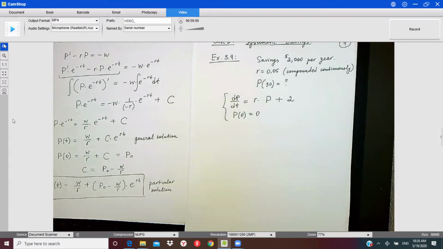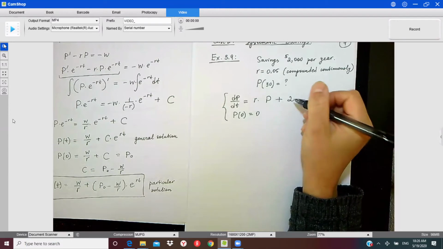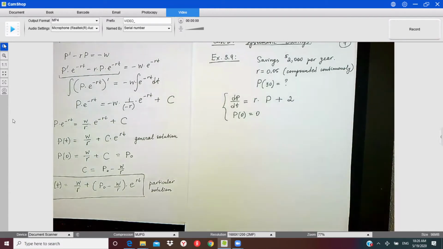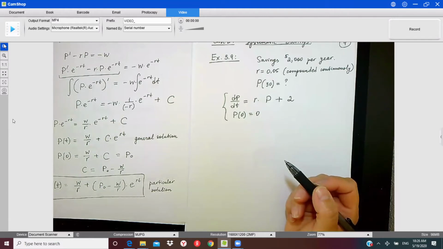Initially, you start with nothing in your account. Well, the question arises, how is that possible? How can you start with 0? What will grow at 5% per year compounded continuously? Remember, you keep adding 2,000 every year. So there is something that will continue growing eventually.